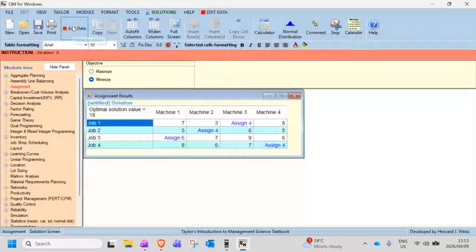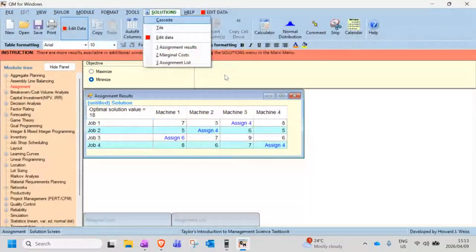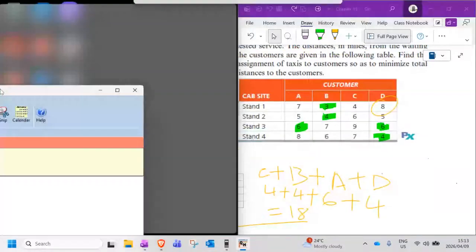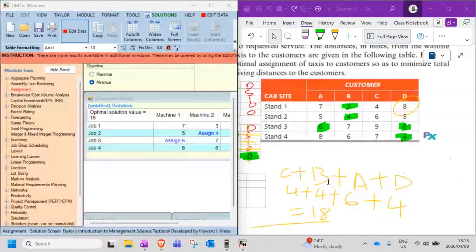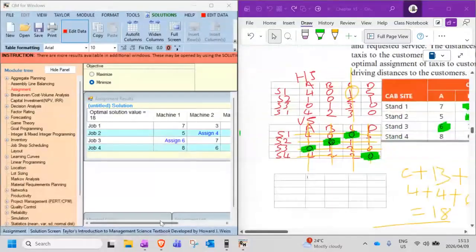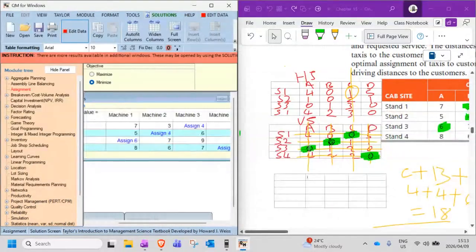Then the solution was found. You see there that S3 goes with A, S2 with B, and S1 with C, and then that other one with D there.